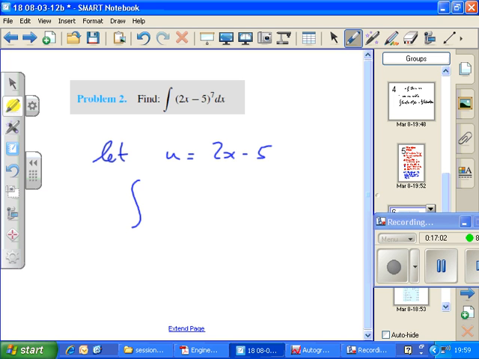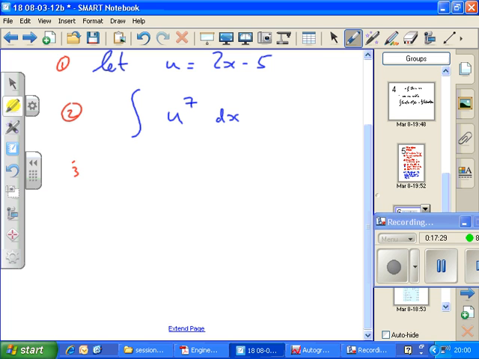So the integral becomes what? U to the power 7 with respect to x. So that's step 2. That's 1, that's 2. I can't do this integral because I've got u and I'm trying to integrate with respect to x. So what do I do next?